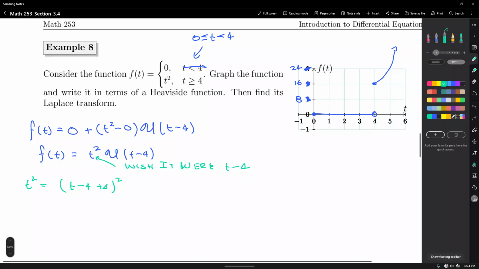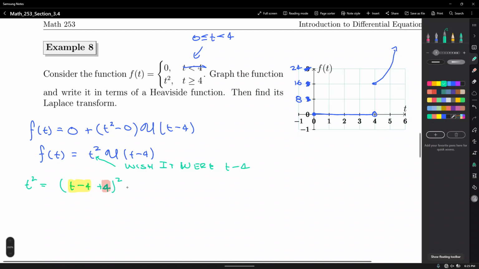And then what am I going to do? I'm going to highlight whatever works for our translation with one color and whatever doesn't with another color, okay? What am I going to do here? I'm going to expand the binomial. Remember a binomial squared?